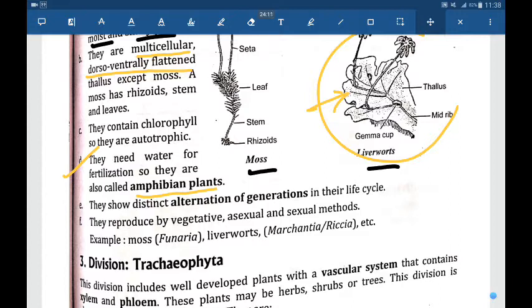Underline amphibian plants. Already we have discussed amphibia in a lower class. Amphibia means dual life. They go in water bodies, and they live on land also. But these Bryophyta are amphibian plants.